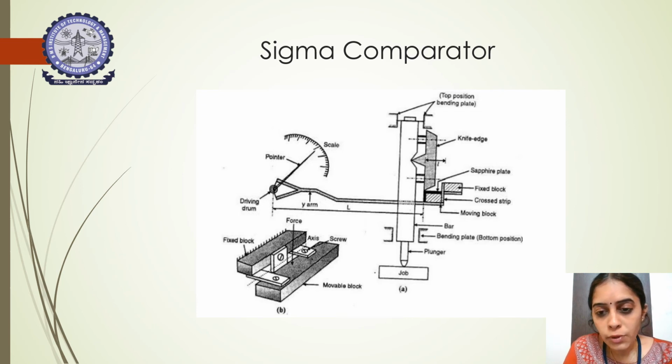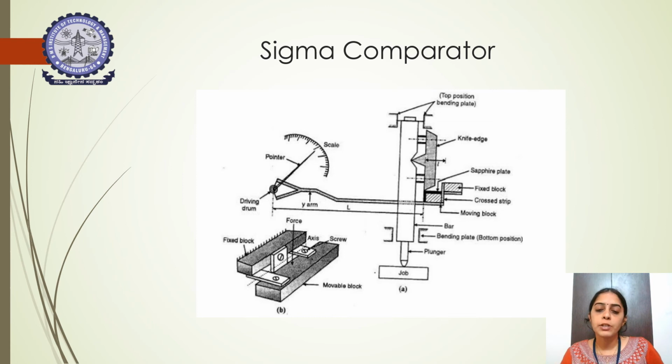This moving block here has been magnified, where you will have a fixed box. Here the force is applied. Based on the force applied, this block can move in this direction. Based on the movement of the block, the pointer will be rotated to show the deviation. So this rotates based on the movement of the plunger.